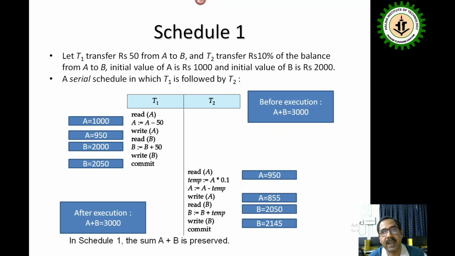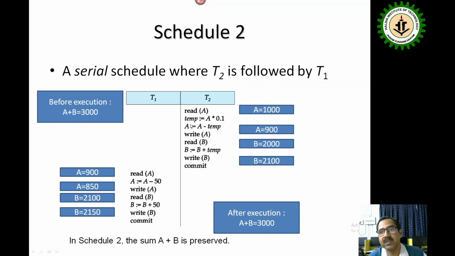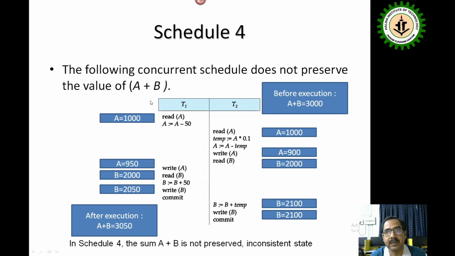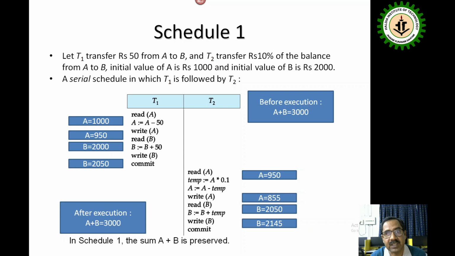Similarly, for the same set of instructions of transactions T1 and T2, in the previous case we considered T1 followed by T2, that means T1 executes first, then T2 starts its execution.